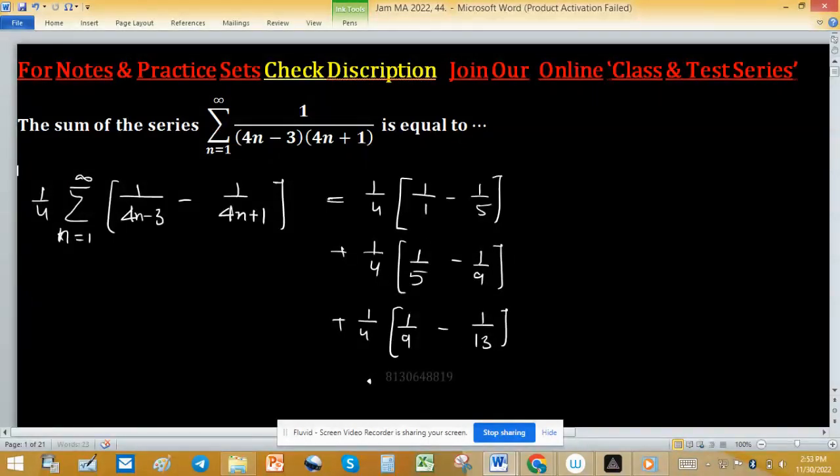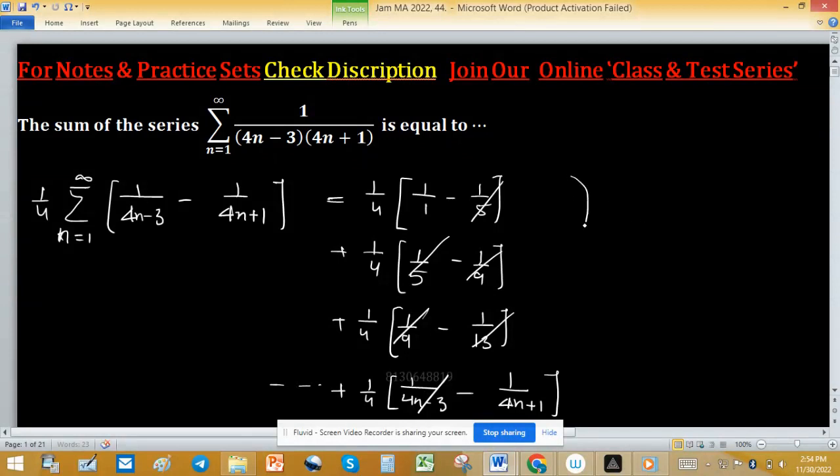And the last term will be 1 upon 4, 1 upon 4n minus 3 minus 1 upon 4n plus 1. If you observe, this minus 1 upon 5 cancels out by the positive, and all the terms will cancel out.